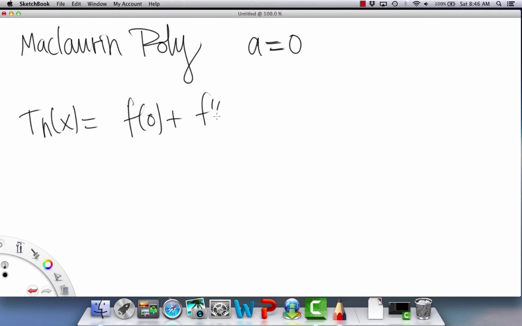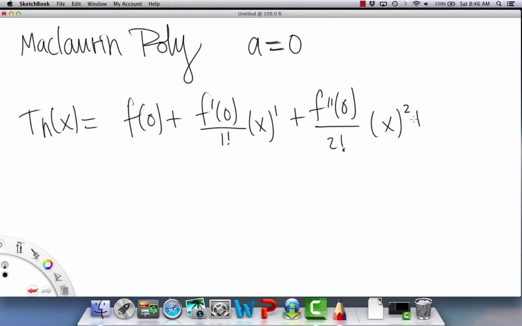And then we have f prime of 0 over 1 factorial. And then x minus 0 is just x to the 1. Plus, this is a simpler, more specific version of the other Taylor polynomials. Then dot dot dot up to f to the n of 0 over n factorial, and then x to the n. So that's just a specific case.